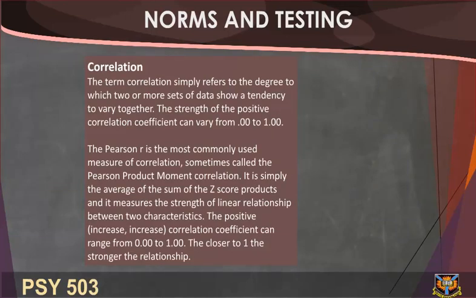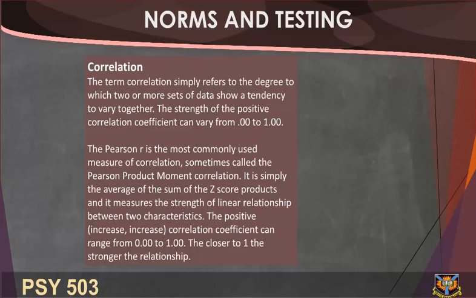Correlation. The term correlation simply refers to the degree to which two or more sets of data show a tendency to vary together. The strength of the positive correlation coefficient can vary from 0.00 to 1.00. The Pearson r is the most commonly used measure of correlation, sometimes called the Pearson product moment correlation.